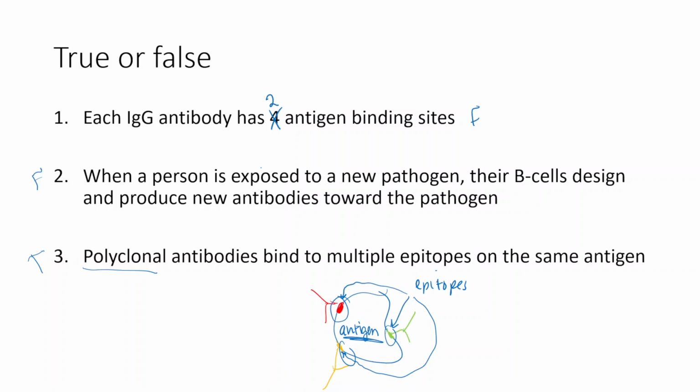A lot of times in the lab, we want to use monoclonal antibodies that only recognize one particular epitope. When we talked about ELISAs a while ago, you have the surface of your ELISA, you have your antibody that binds to the plate, and then your antigen sticks to that antibody. That one antibody will recognize one epitope of your antigen.